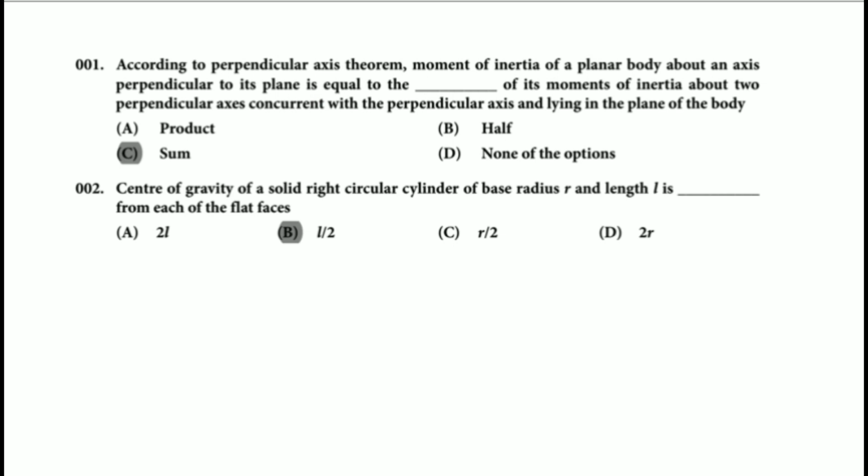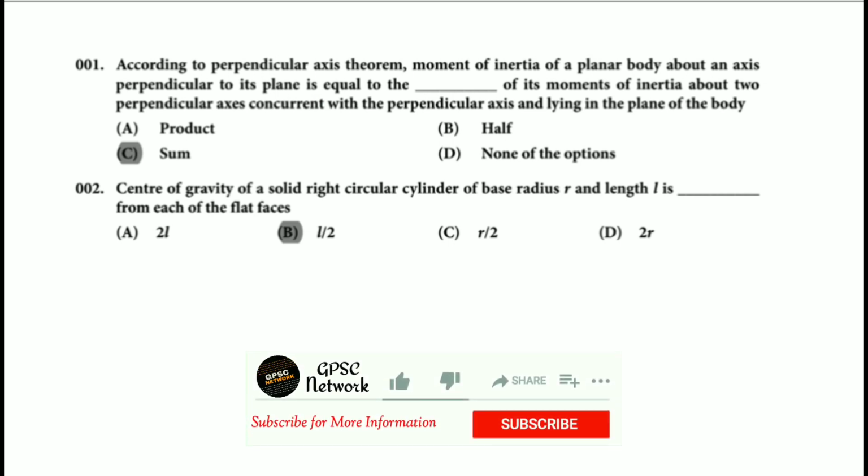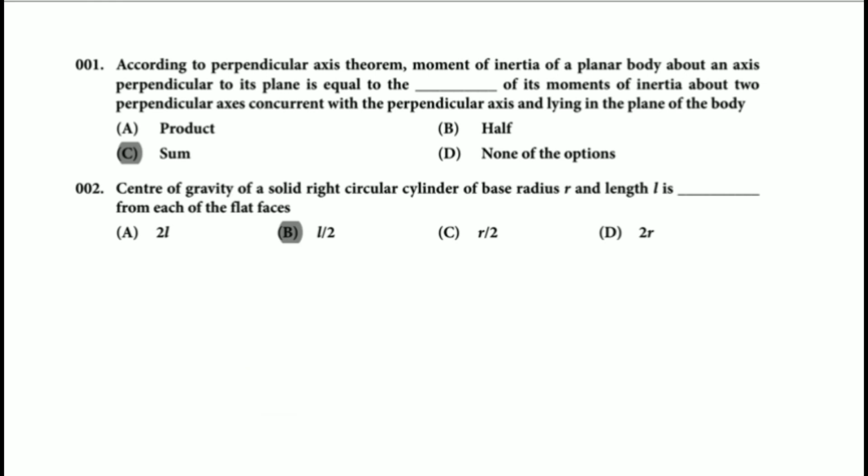So let's start with question number 1. According to the perpendicular axis theorem, the moment of inertia of a planar body about an axis perpendicular to its plane is equal to the blank of its moments of inertia about two perpendicular axes concurrent with the perpendicular axis and lying in the plane of the body. So here what you need to find out is the moment of inertia, right? And if you read the statement, it is already the perpendicular axis theorem.